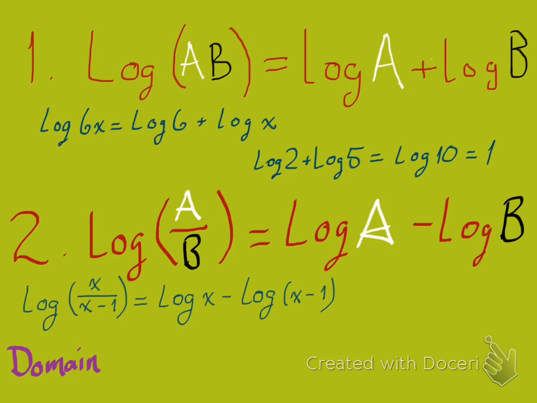But notice that on the right side of this equation we have log of x minus the log of x minus 1. Those are pretty easy to figure out, right? The domain of log of x is just x greater than 0, because the argument has to be greater than 0. And log of x minus 1 is also pretty easy to figure out. The domain of that is just simply x greater than 1.